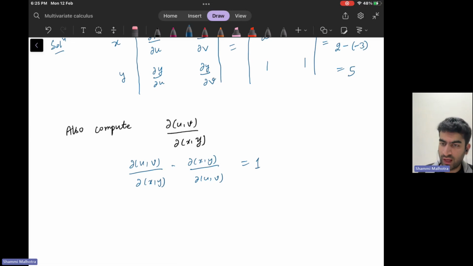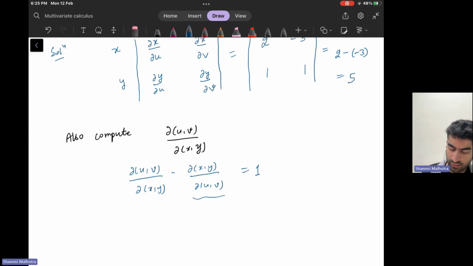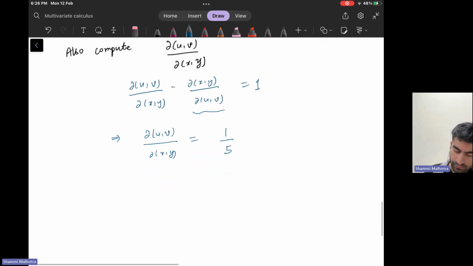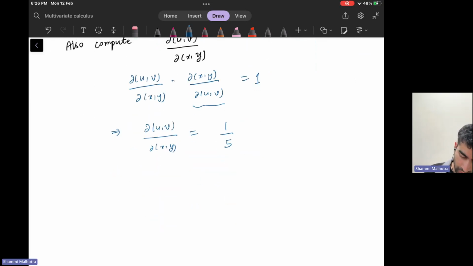Since I have computed del xy by del uv, I can find the value of del uv by del xy. This will be 1 by 5, which we have evaluated earlier, or we can also see by definition that this actually turns out to be 1 by 5 only.